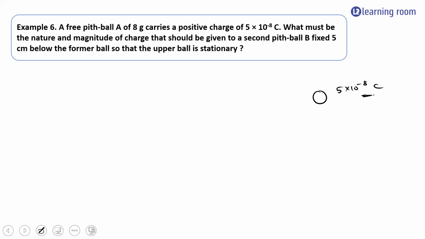What must be the nature and magnitude of charge that should be given so that the second pith ball, which is fixed at a distance of 5 centimeter below, keeps the upper ball stationary? So what are they doing? They're fixing the second pith ball 5 centimeter below the former so that the upper ball is stationary. Tricky one, no?